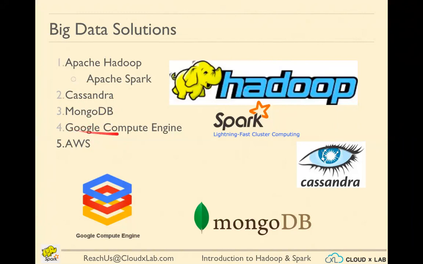Google Compute Engine and AWS provide the out-of-the-box capability to store humongous data, but it is generally more costly. But the headache of maintaining the hardware is absorbed by Google and Amazon. So Google Compute Engine or Amazon Web Services are examples of hosted solutions to handle big data.